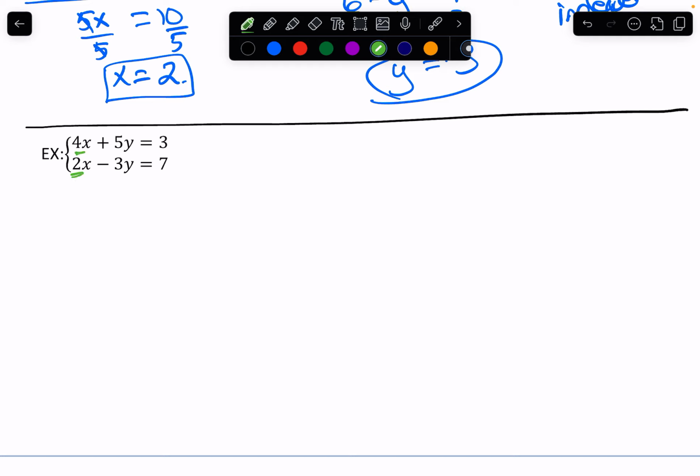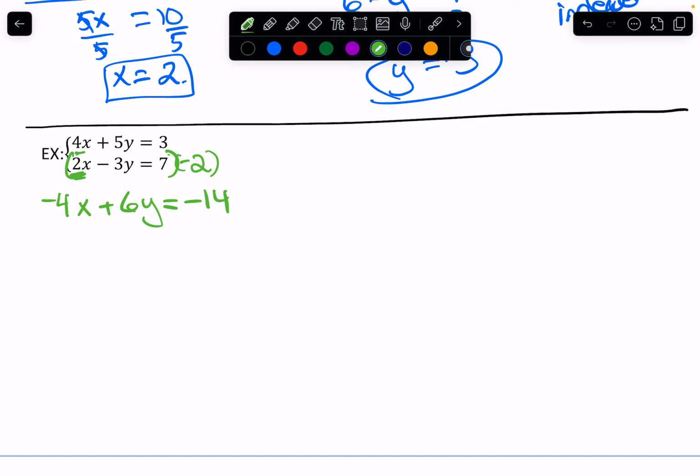I'm looking at the 4 and the 2. So to get a 4 here on the second one, it would be easy to multiply by a 2. And now we need the opposite, so we're just going to multiply this one by negative 2. So negative 4x plus 6y equals negative 14. So what I did is I multiplied this whole thing by negative 2.